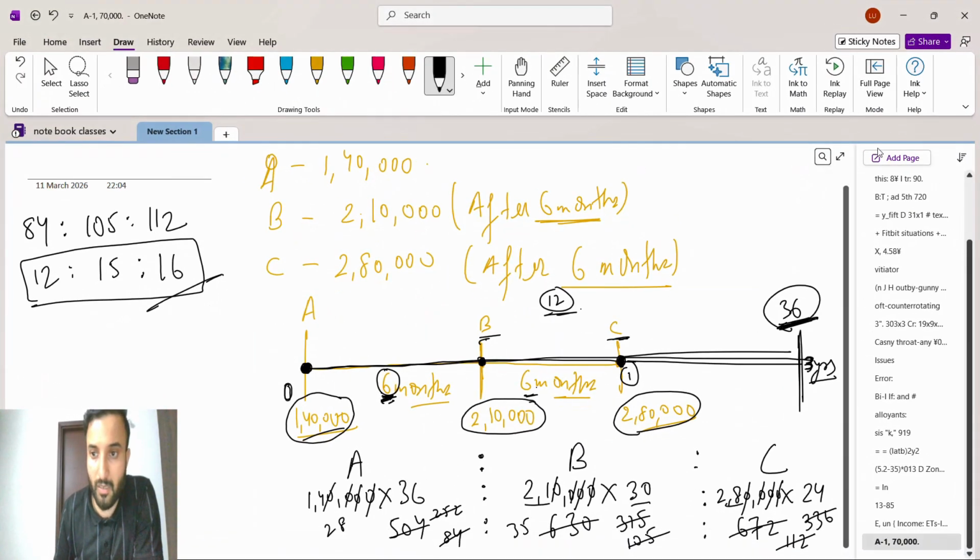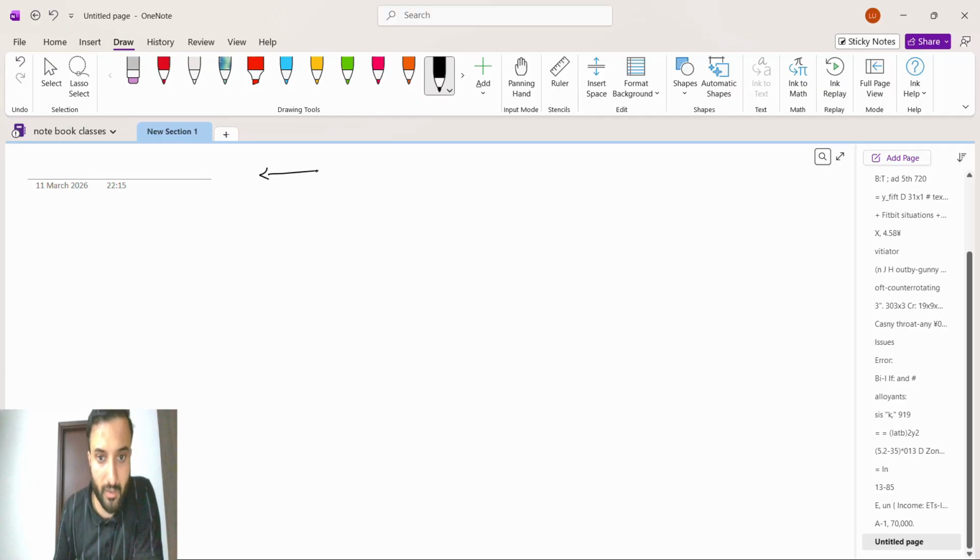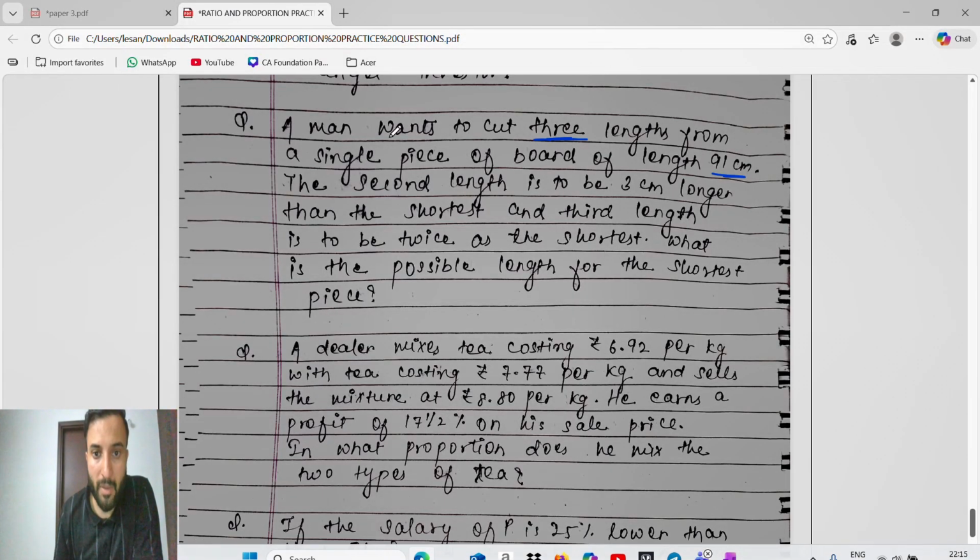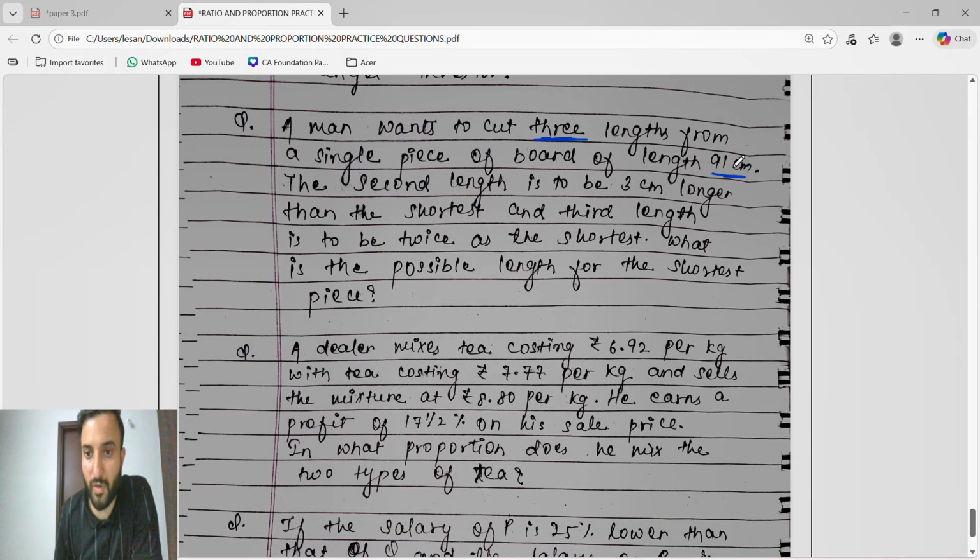Means a single piece of length is there, which is 91 centimeter. The total length is 91 centimeter. From that, a man wants to cut 3 lengths.